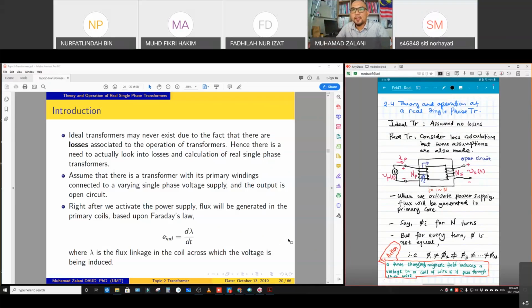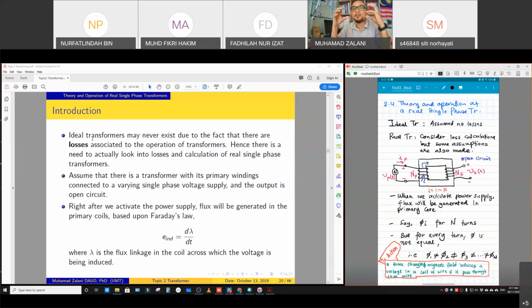Okay, ideal transformer. Before that, we discussed in the previous lesson about the ideal transformer. In an ideal transformer, we assume that some losses are neglected, meaning that we don't consider losses like hysteresis, eddy current, leakage impedances.